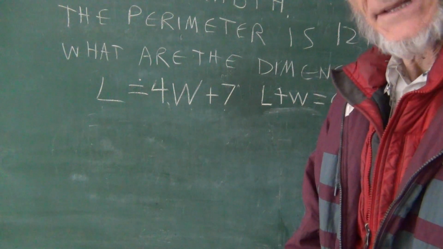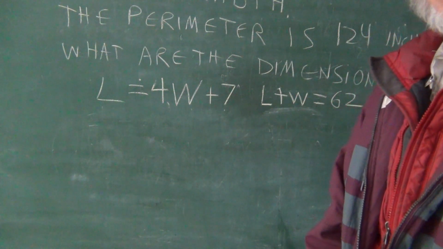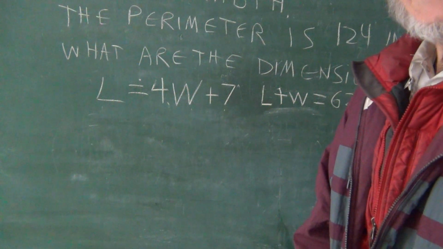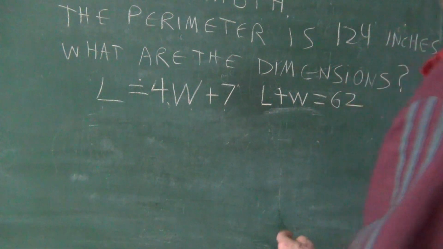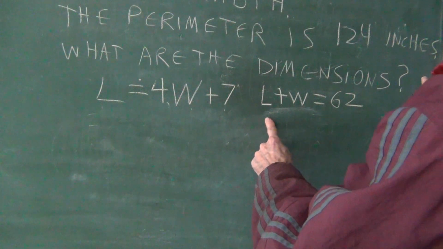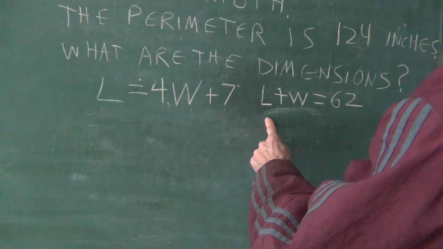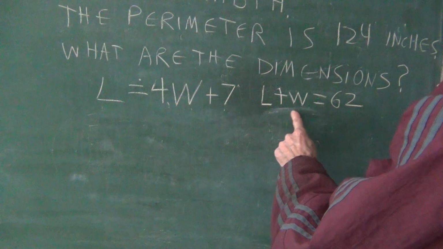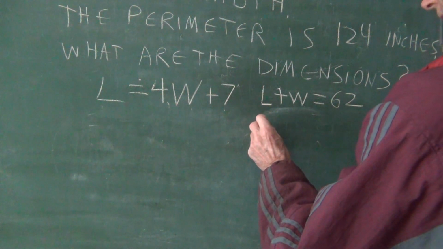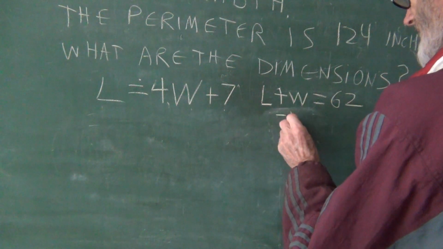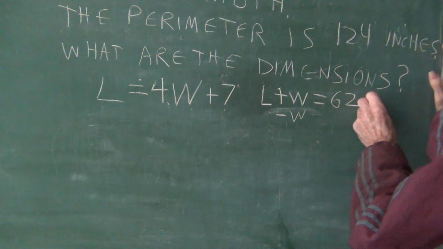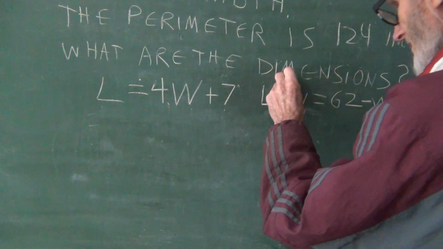Well, if you had success, let's see if we agree, and if you didn't have success, let's see how you could do it. So I'm going to call this thing length plus W equals 62. Let's subtract W from both sides of this. And that means those go away.